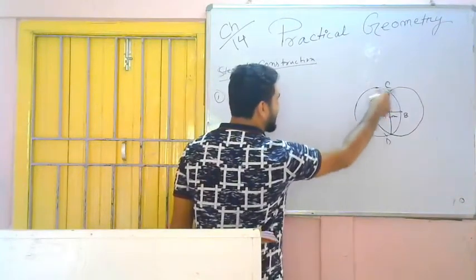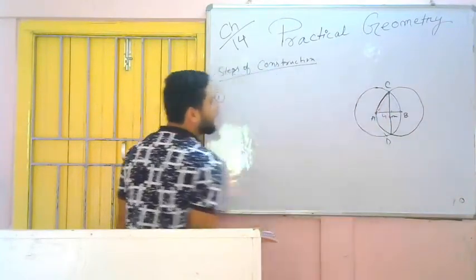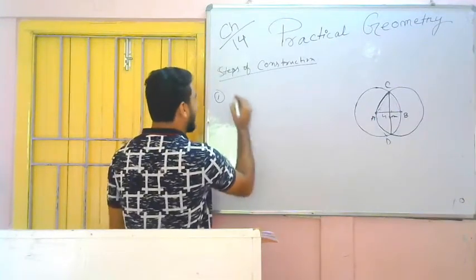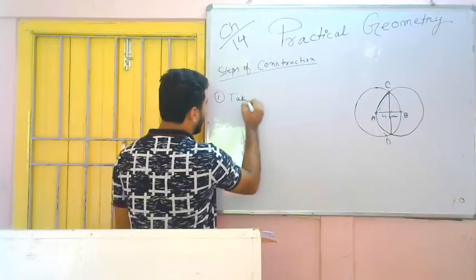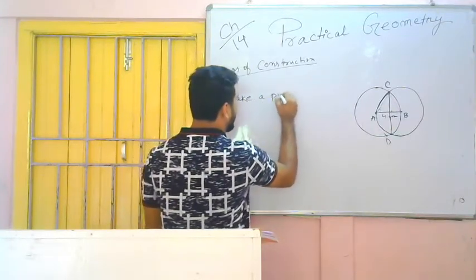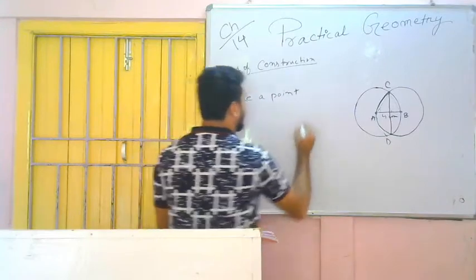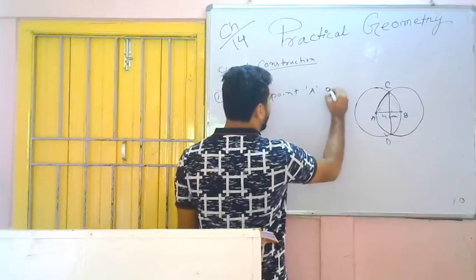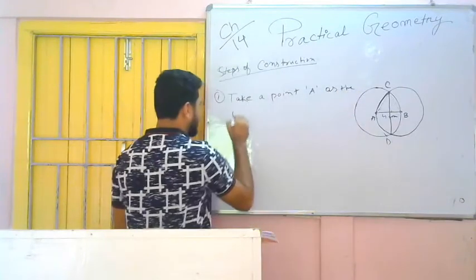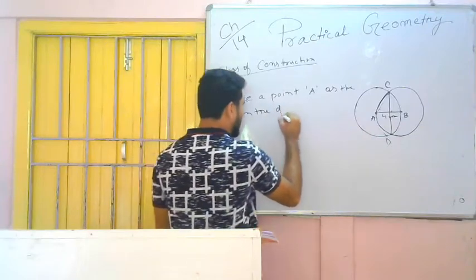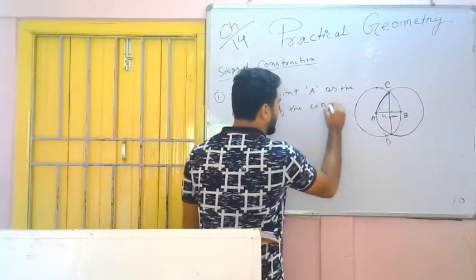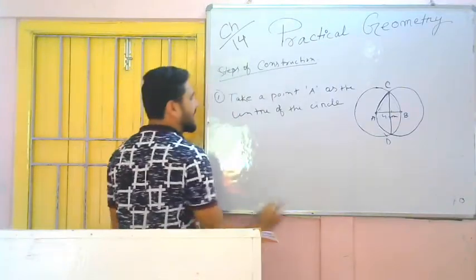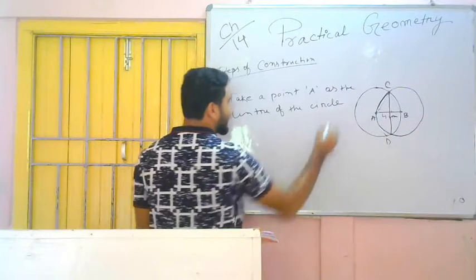We will talk first about the circle A. Number 1: take a point A as the center of the circle.